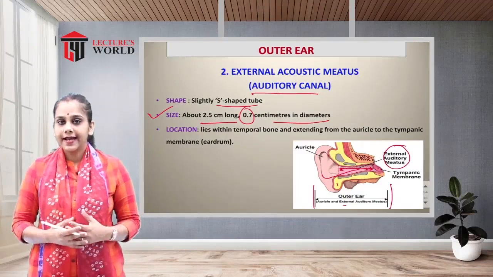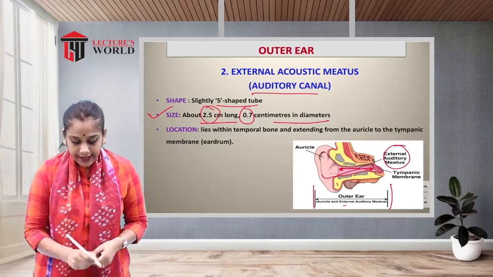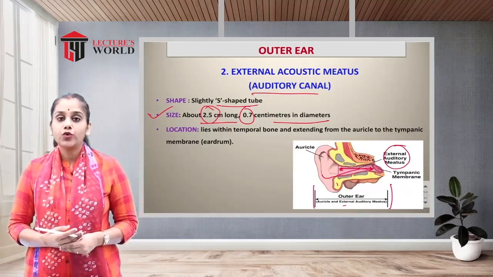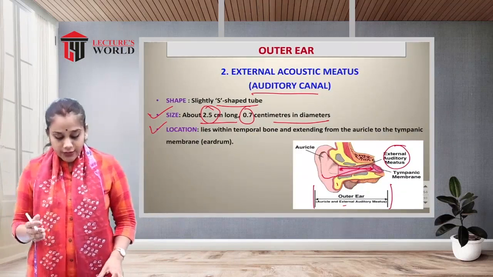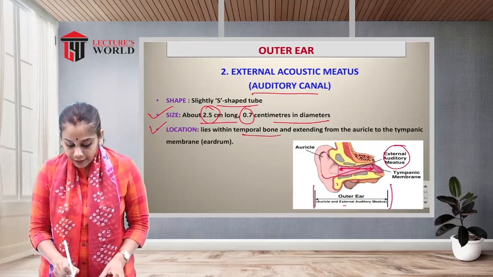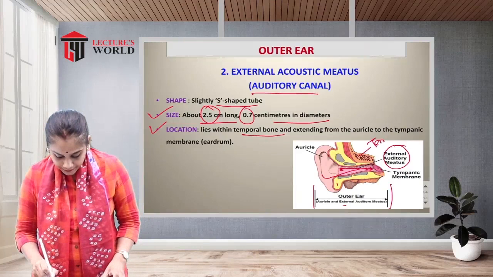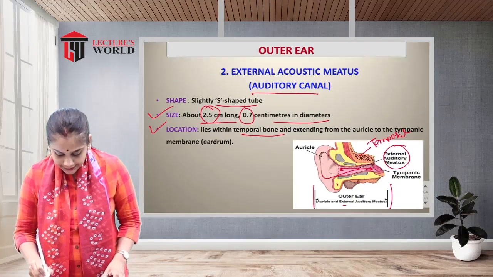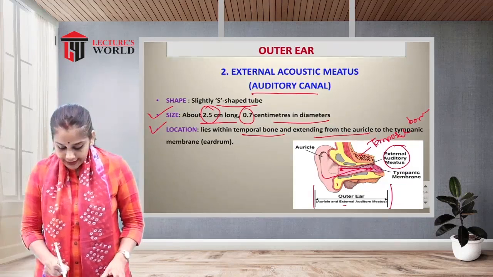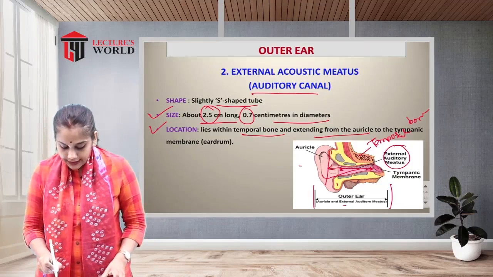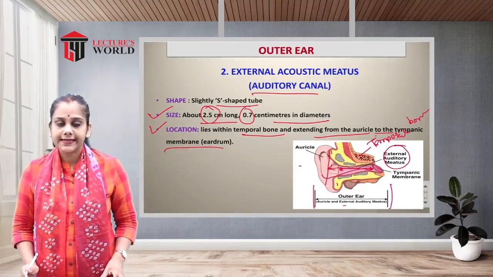The diameter is 0.7 centimeter, and the length of the auditory canal is 2.5 centimeters. Where is it located? It lies within the temporal bone, extending from the auricle to the tympanic membrane, also called the eardrum.